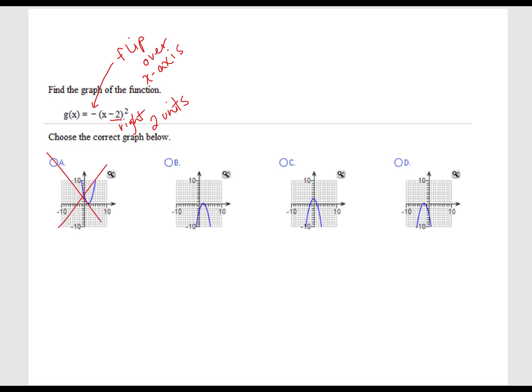I'm going right 2 units, so B's looking good. C moved up 2 units before it flipped or after it flipped. And then D moved left 2 units, so I can get rid of that one. So B moved, again, I would still magnify it if I could, moved right 2 units, and it flipped over the x-axis.